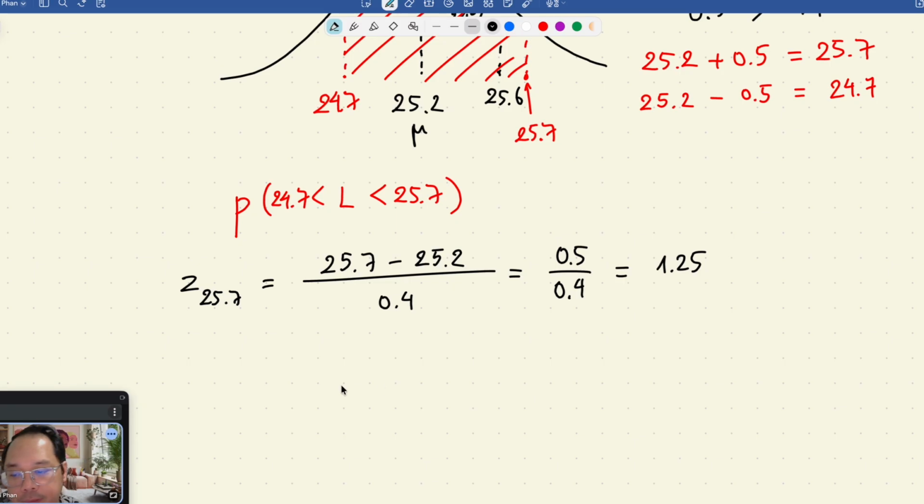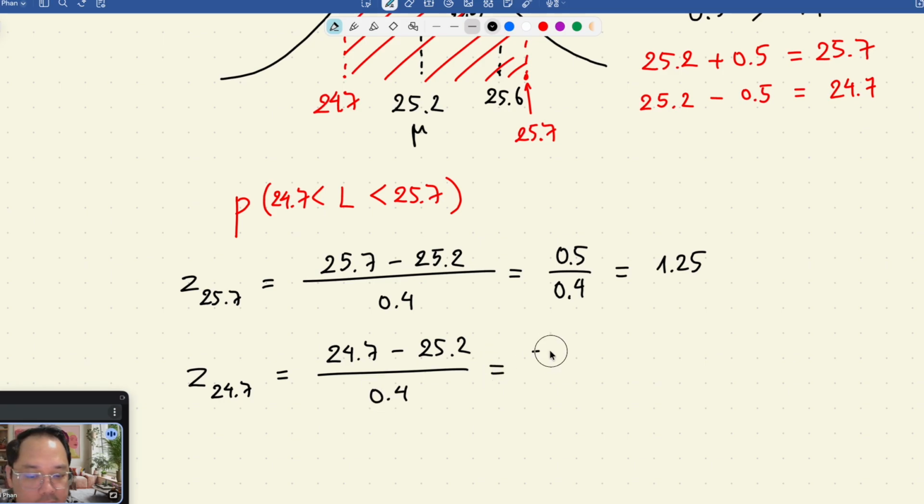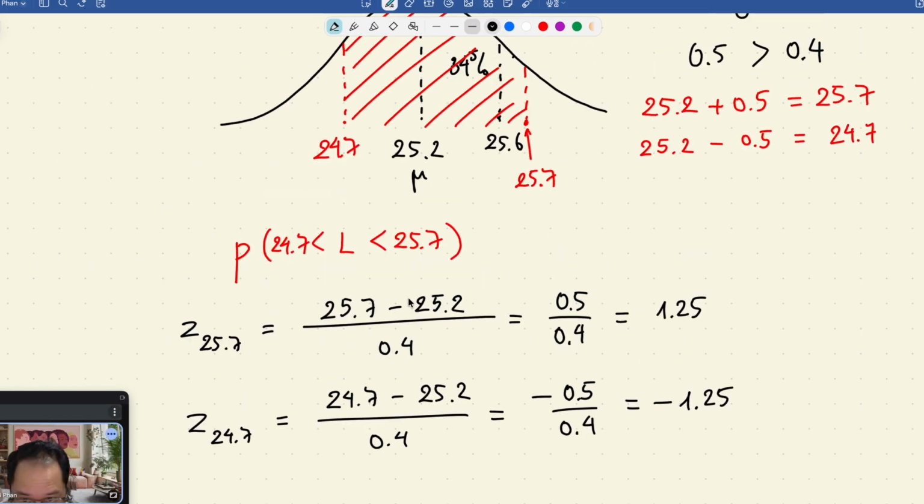And similarly, the z-score of 24.7 is 24.7 minus 25.2, which is the mean, divided by standard deviation 0.4. It is negative 0.5 over 0.4, and therefore it is negative 1.25. So we have the two z-scores.